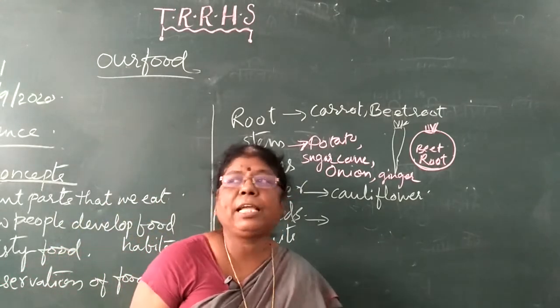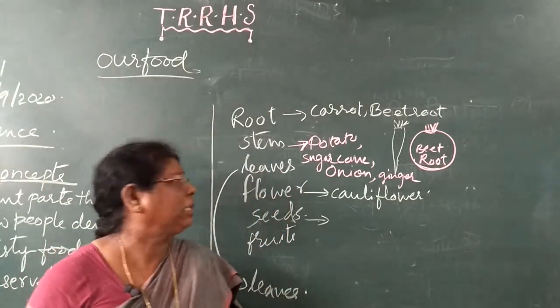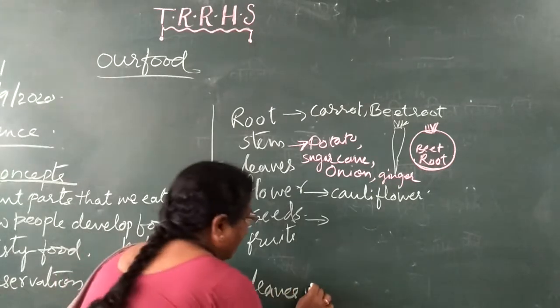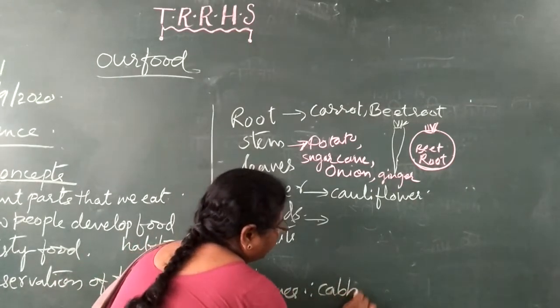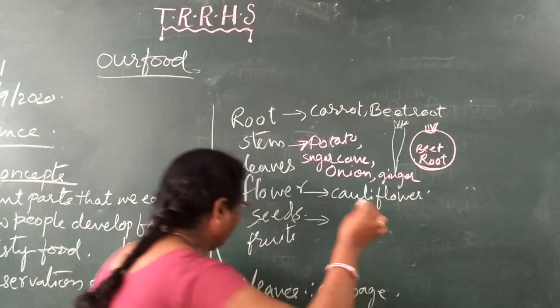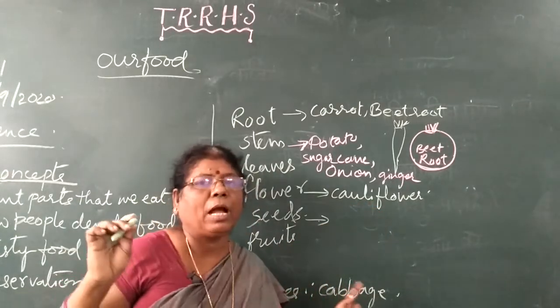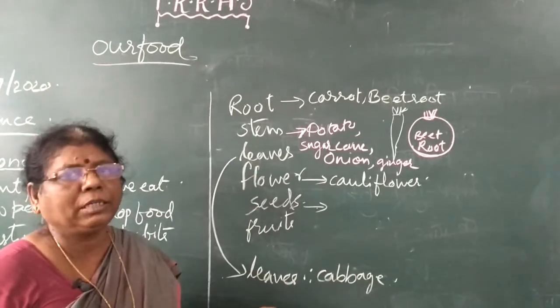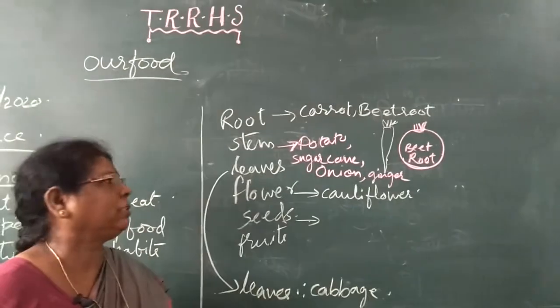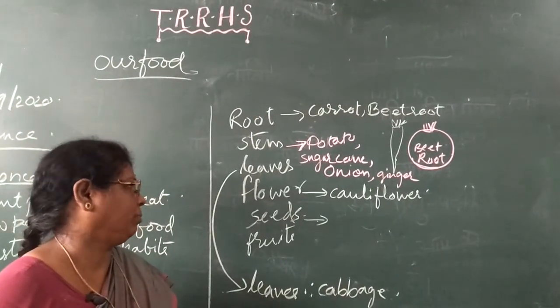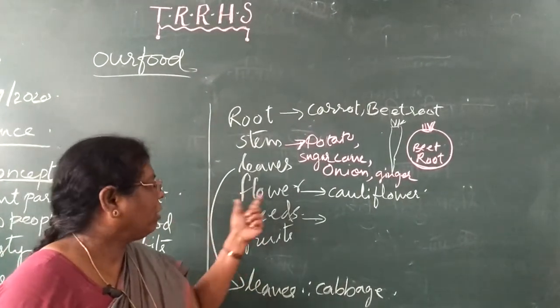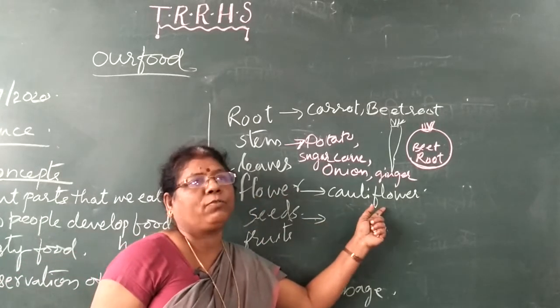Leaves: spinach, all leafy vegetables, cabbage. All leafy vegetables are examples of leaves which we eat in our food. Okay? Cauliflower, we eat cauliflower.